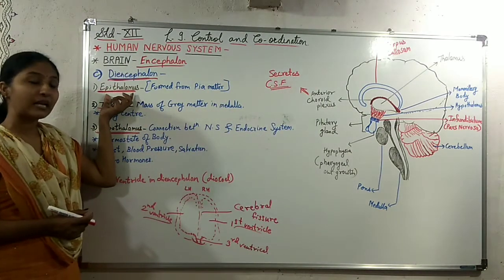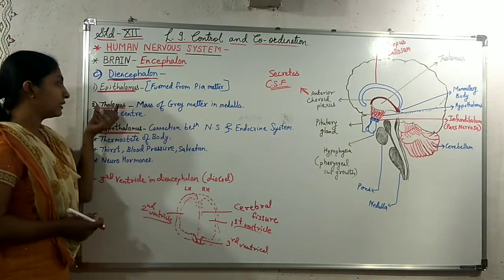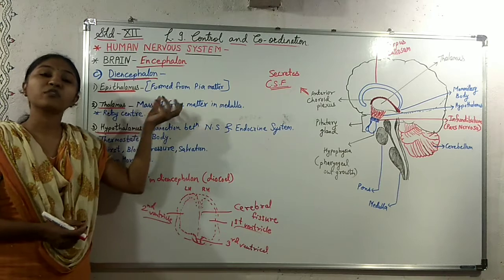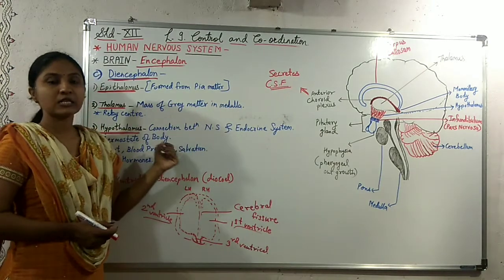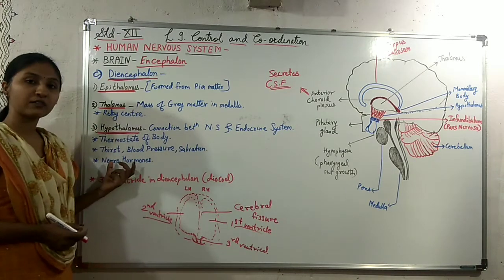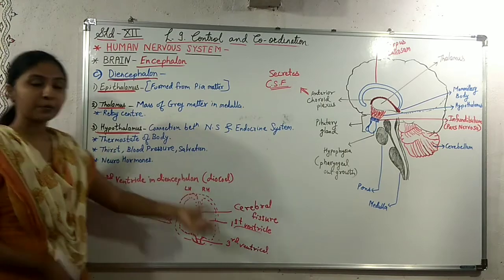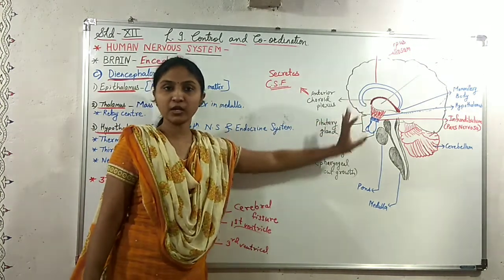The epithalamus is a vascular structure made up of pia matter. Thalamus is a mass of grey matter found in the medullary region of the cerebrum, and it acts as a relay center. And the third part that we saw is the hypothalamus. Hypothalamus is a connection between the nervous system and the endocrine system.